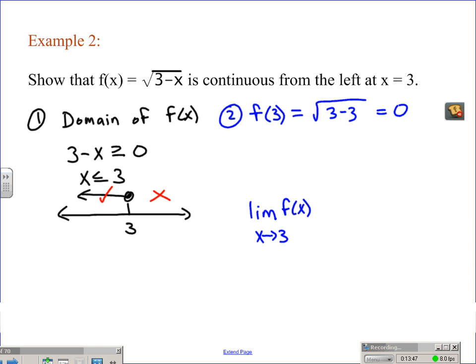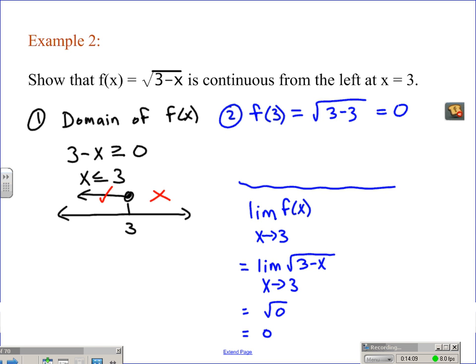Okay, now my limit here, since we know that can be rewritten as the square root of the limit of 3 minus x, would give us the square root of 0, and again we get 0. So then we can conclude that the limit of f of x as x approaches 3 is equal to f of 3, which means that this function f of x is continuous from the left at x equals 3.